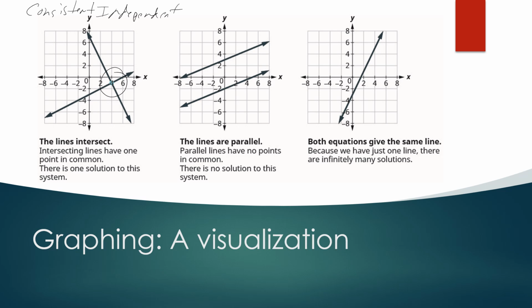If the lines are parallel, there is no solution, and we'd say this is inconsistent. And then finally, if they're actually the same equation, we have infinitely many solutions, and we're left with a consistent but dependent system. So depending on how the lines interact in graphing will determine its solution.